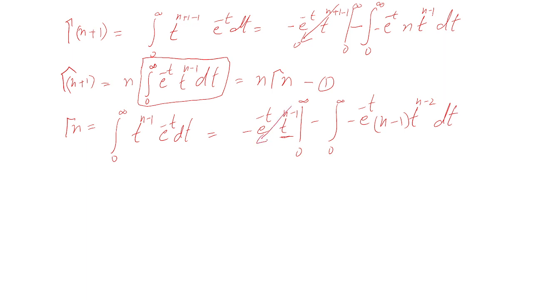This is again 0, since at the upper limit the exponential is 0, and at the lower limit t^(n-1) is 0. So overall I get gamma n equal to n minus 1 times the integral from 0 to infinity of t^(n-1-1), this is n minus 2. I write it this way to separate this n minus 1 here, e^(-t) dt.